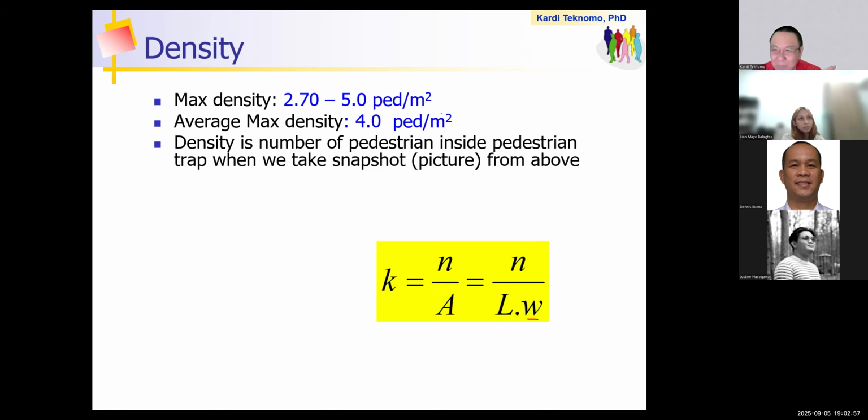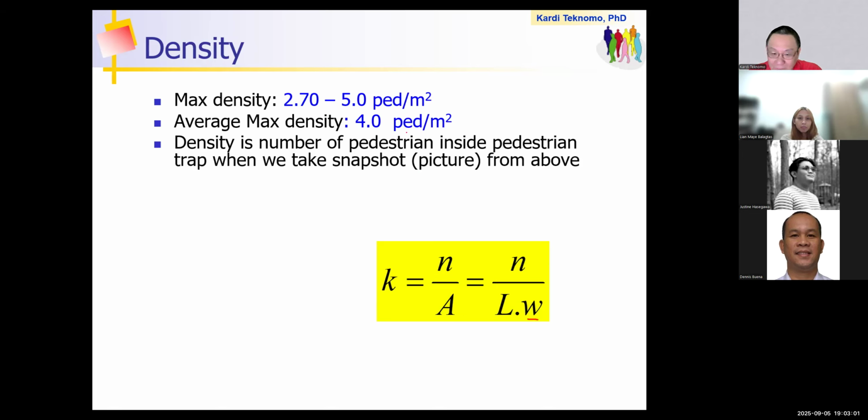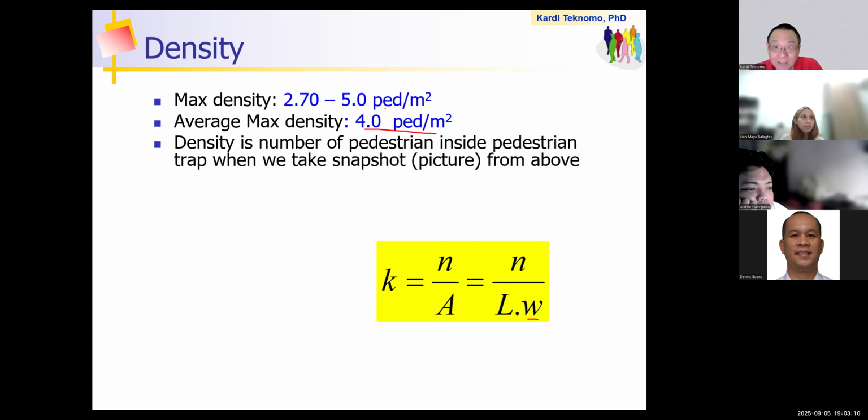Some people say it can go beyond this, but typically we use this one. There is a study in Germany where they put military in one confined area, and they can put 12 persons in 1 square meter. But that's not normal. Normally around this value.